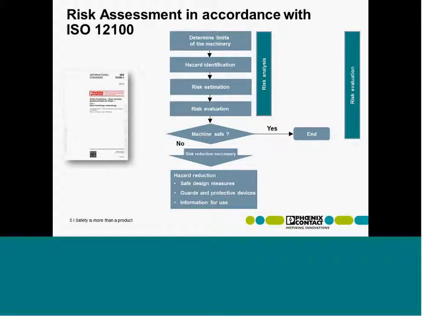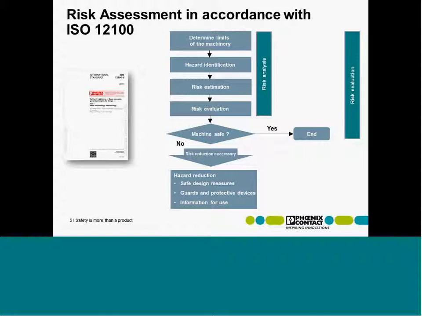The overall risk assessment is an essential part of the CE marking procedure, and the risk assessment procedure is described in an international standard called ISO 12100. It is adopted in North America, of course in Europe, but also in other countries in Asia, for example. So it's a very international and worldwide accepted standard.